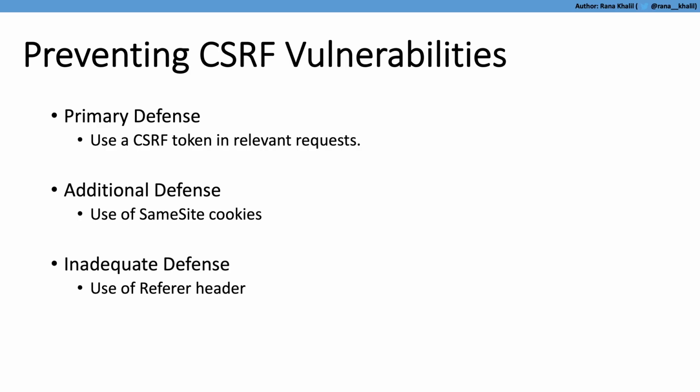Primary defenses are the defenses that you should definitely apply in order to mitigate the vulnerability. The additional defenses are defenses that you can apply in addition to the primary defense. And inadequate defenses are defenses that you see being applied in real-world scenarios. However, they're called inadequate because they can usually be bypassed in order to achieve your end goal.